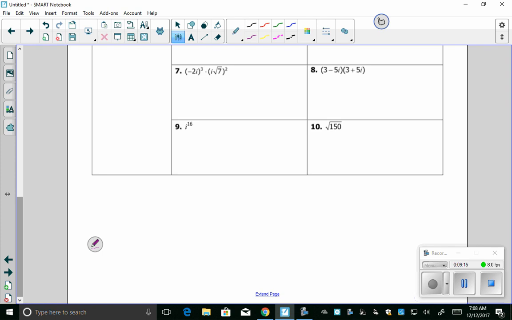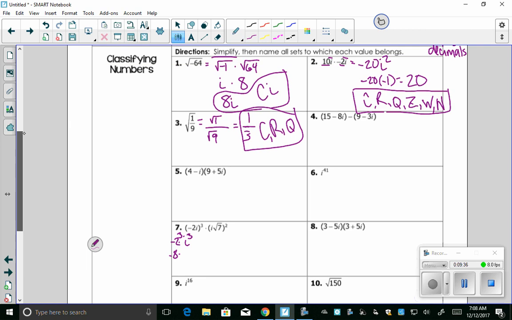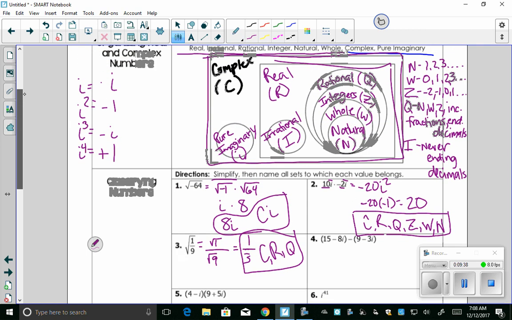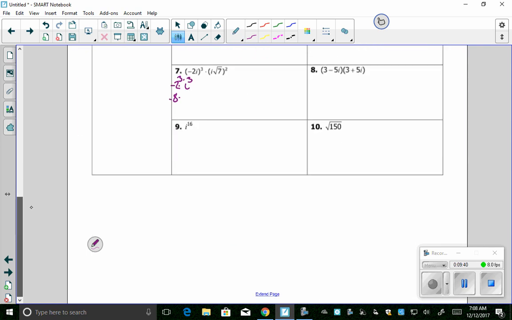Anytime I have just one term inside a set of parentheses, I can rewrite it, if you like to rewrite it, as negative 2 cubed times i cubed. Okay, so negative 2 cubed is going to give me negative 8 times i to the third, which, if I look back up at my list, is negative i.